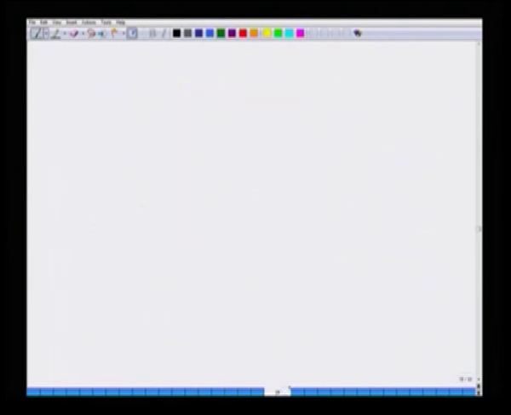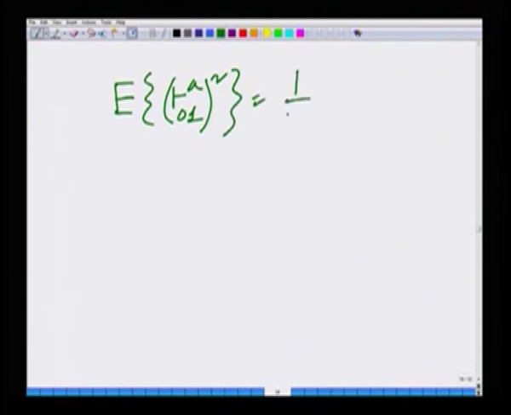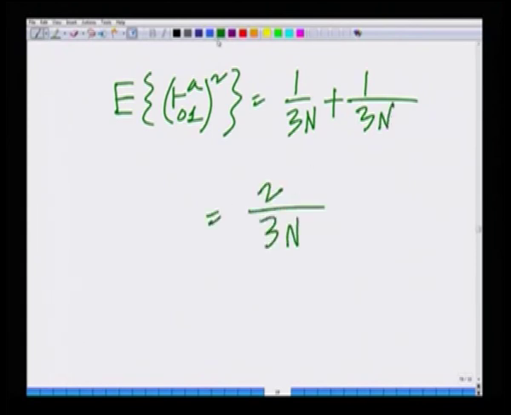Hence, I can now write the power in the asynchronous term as expected R01 asynchronous square is 1/3 of n plus 1/3 of n, which is nothing but 2/3 of n. This is the asynchronous cross correlation variance.